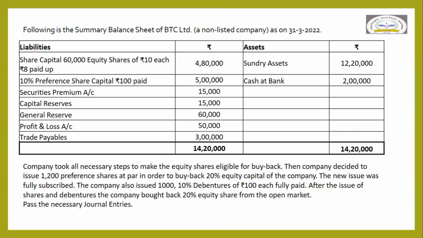As we look at the liability side, liabilities: share capital, 60,000 equity shares of rupees 10 each. Face value is given as 10 and rupees 8 is paid up. It means we are going to make the shares fully paid.